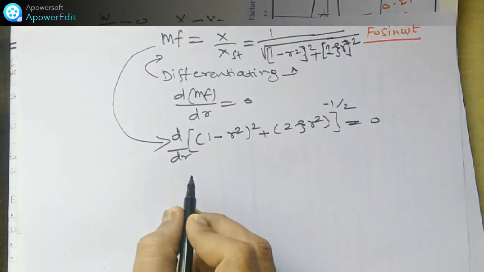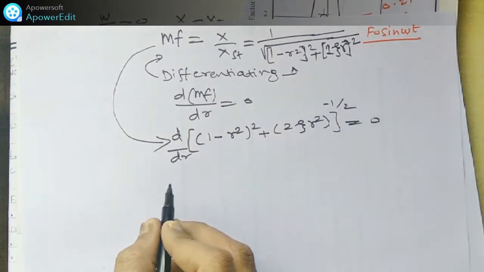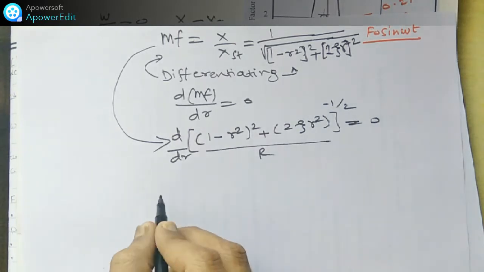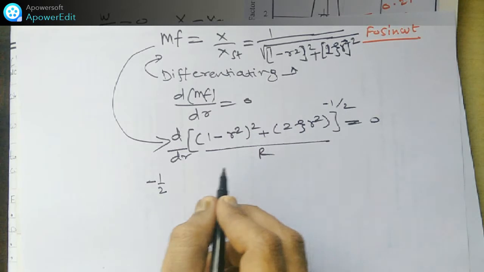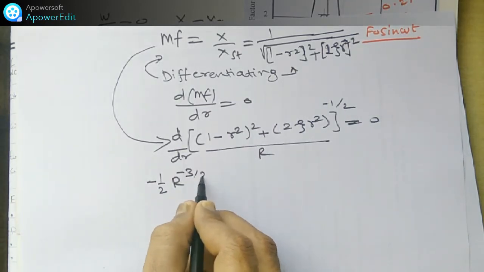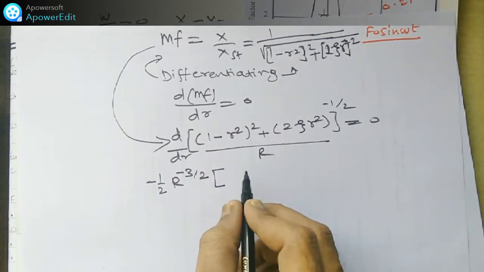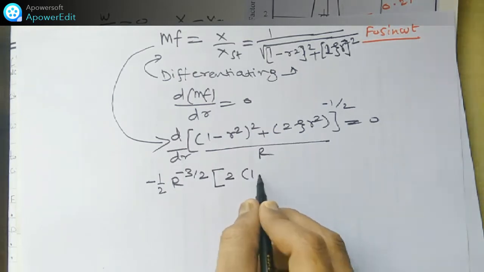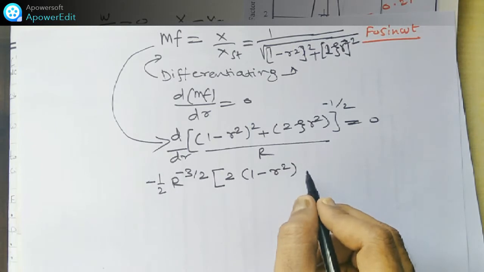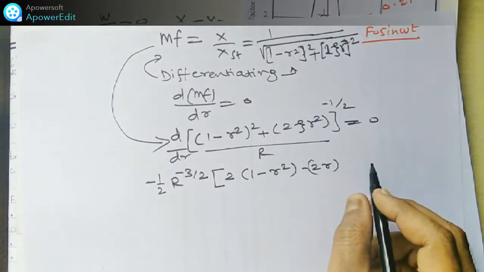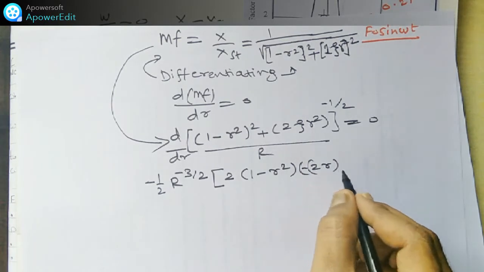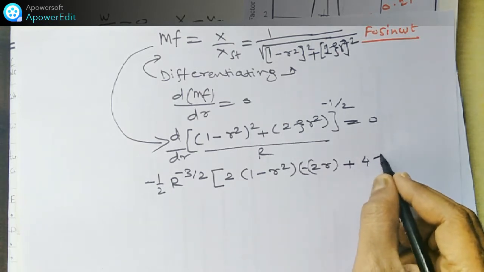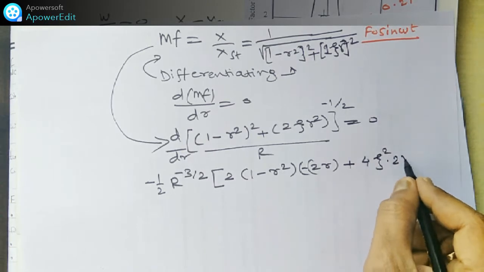If I consider this whole expression as the base, I write minus of it raised to minus 3 by 2, and inside the bracket 2 into (1 minus r square) into (minus 2r), plus 4 zeta square into 2r, which is equal to 0.